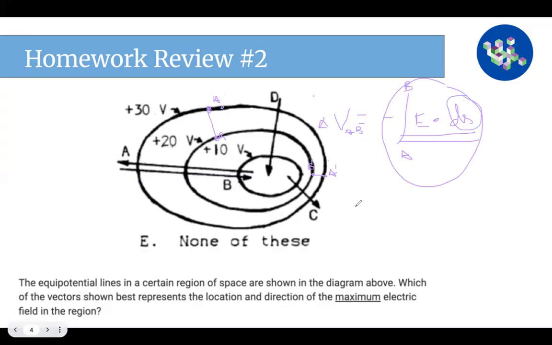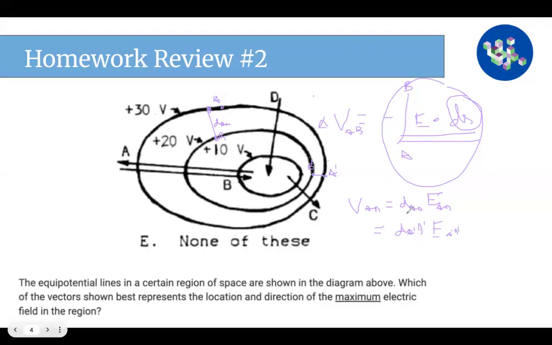Then the change in voltage from A to B is the distance, call it d_AB, times E from A to B. Similarly, that equals the change in voltage from A prime to B prime, so d_A'B' times E of A prime to B prime.